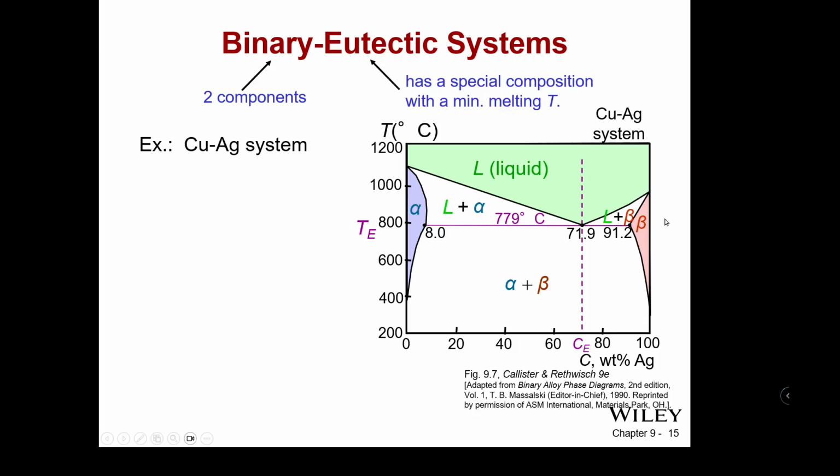So whether the alpha grains or beta grains are stronger depends on the specific material and a lot of other factors. So the melting temp isn't necessarily an indication of tensile strength or anything of that nature. It simply gives an idea of what the phases are based on temperature. So this is right at 779 C, where that 71.9% happens.